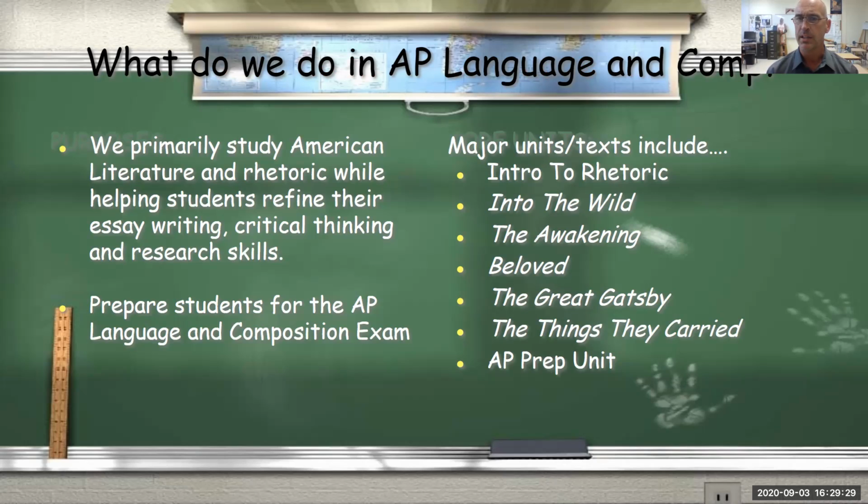From there, we move on to a study of transcendentalist writers, which I forgot to put on my slide. No offense to Emerson, Thoreau, or Whitman, but we spend some time reading excerpts from their more important works, and then move into The Awakening.